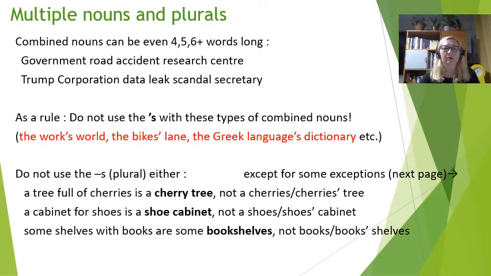Okay, another point is that combined or compound nouns, I've given some examples of 2 or 3 together, but they could even be 4, 5, or 6 words long, such as Government Road Accident Research Center, che sarebbe il centro della ricerca o che fa ricerca sugli incidenti automobilistici, il centro poi che appartiene o è gestito dal governo.